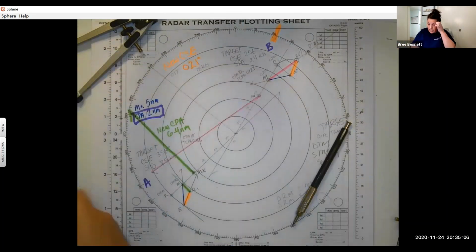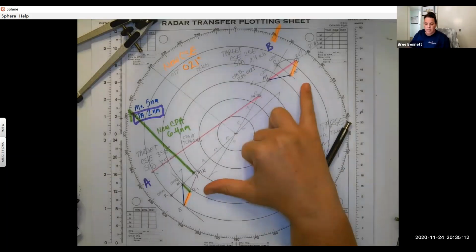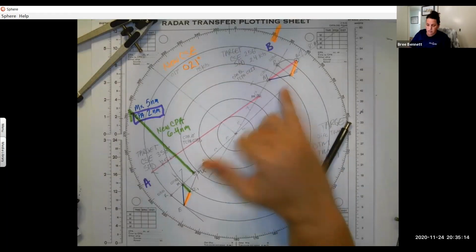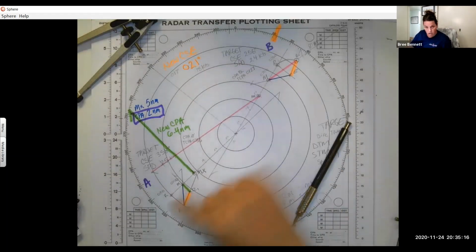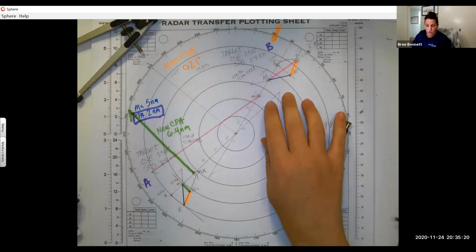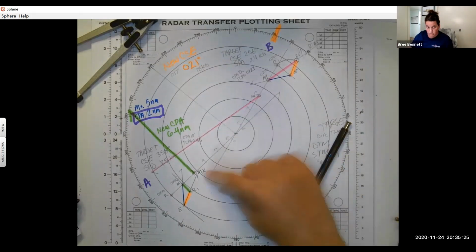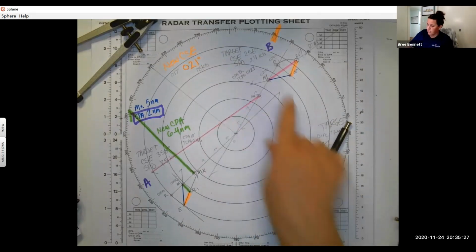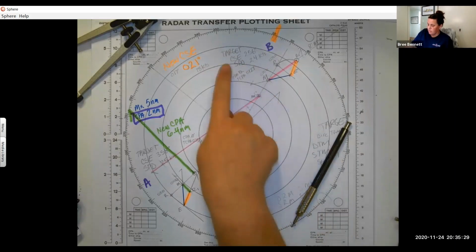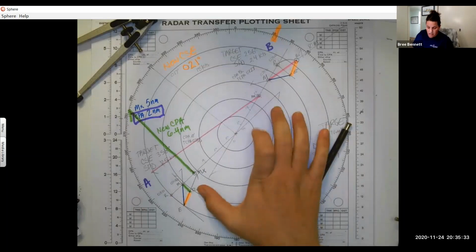So our quiz asks us, we have 2 contacts, not exactly the same as this, obviously, but we have 2 contacts, plot R and M for both of them. And then our questions, what is the true course of both contacts? What is the true speed? So we're getting that true course and true speed motion. What is the CPA?